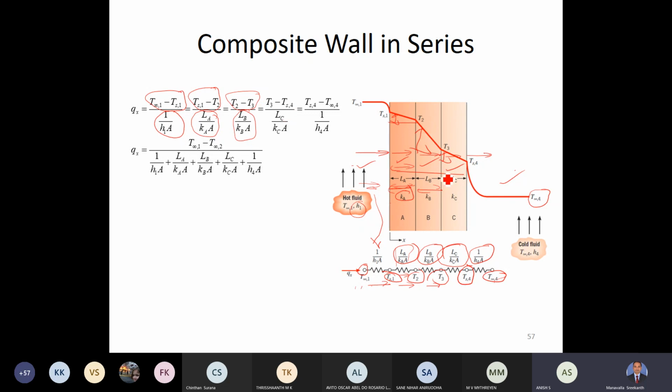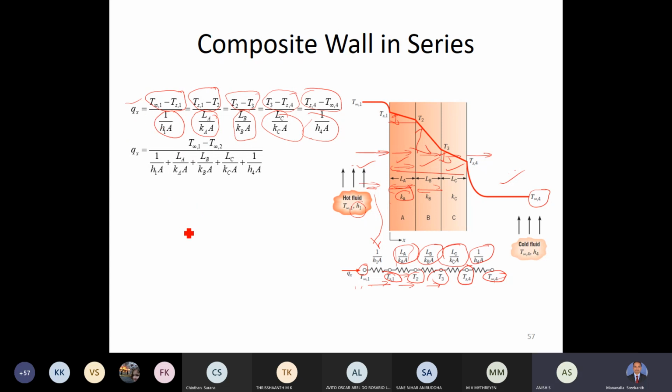Then T3 minus TS4 divided by LC by KCA. And finally, from this surface to the convective environment, TS4 minus T infinity 4 divided by 1 by H4A. So each of these quantities will be equal to Qx. Okay, now from this we'll have to evaluate Qx.